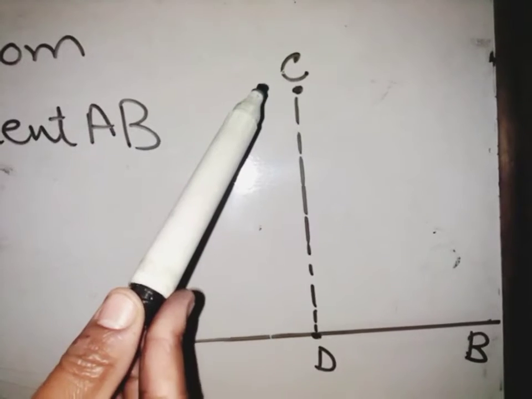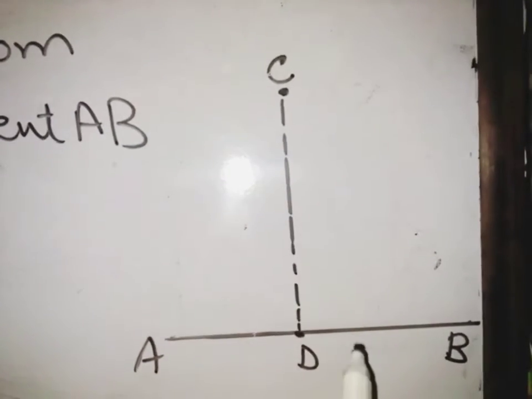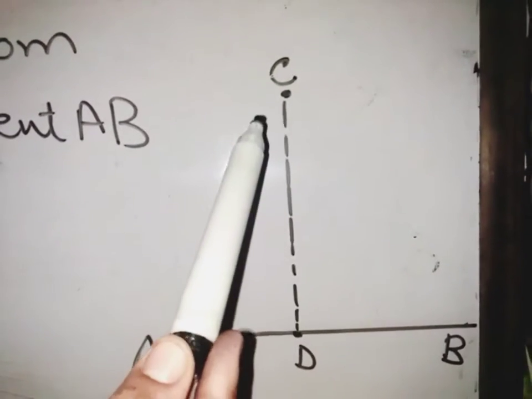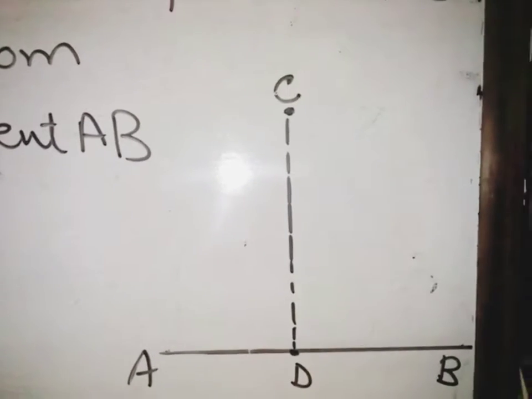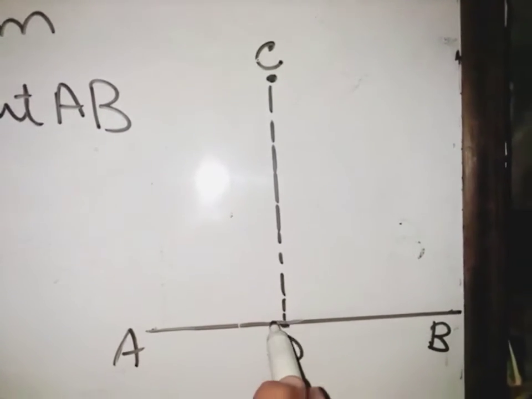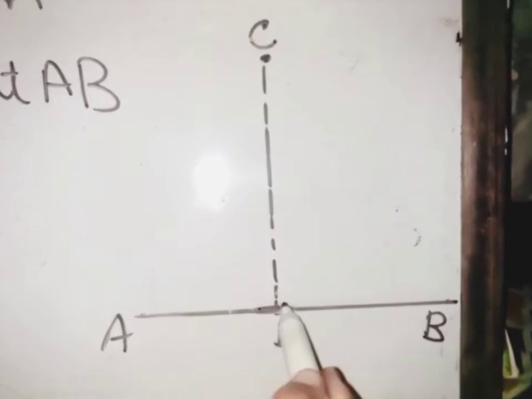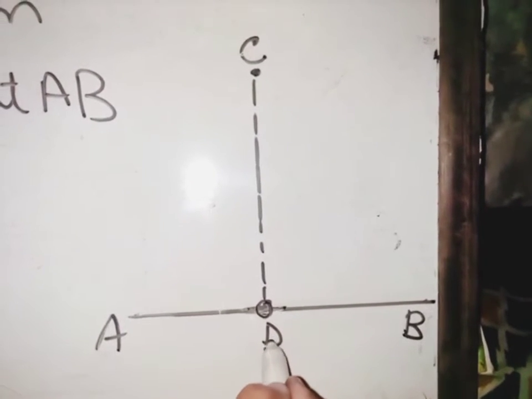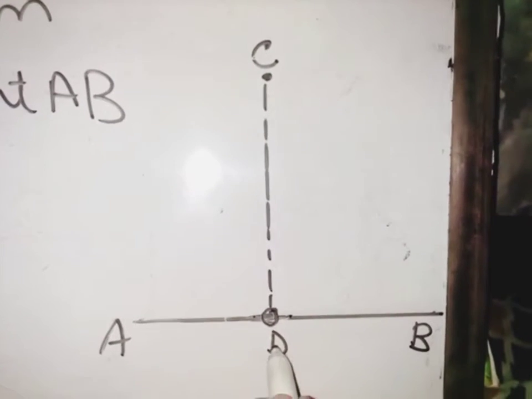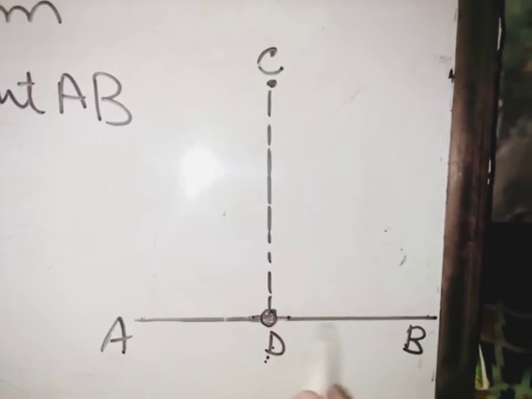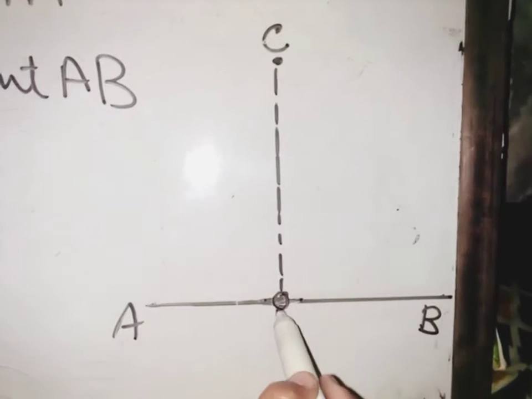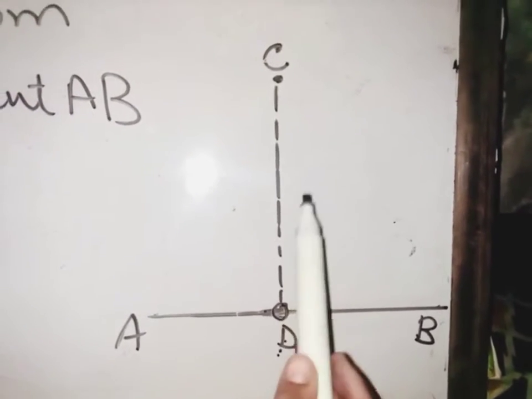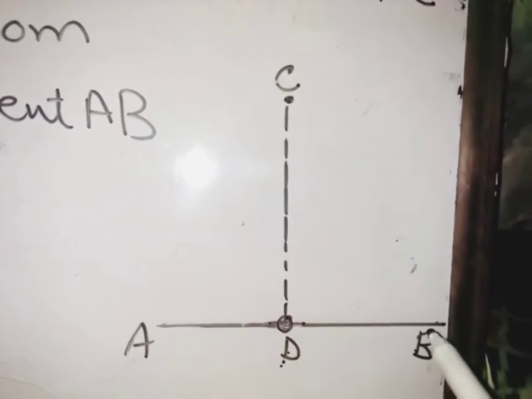So the projection of this point on the line will be the foot of this perpendicular CD, and the foot of the perpendicular is this. This is the foot of perpendicular. So this point D is the projection of point C on line segment AB.